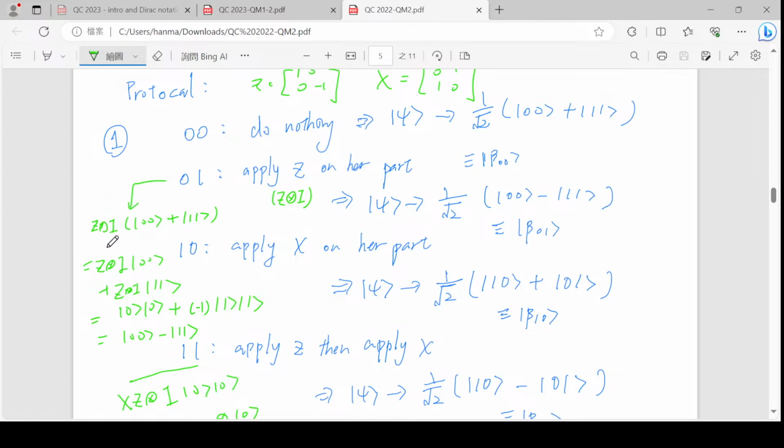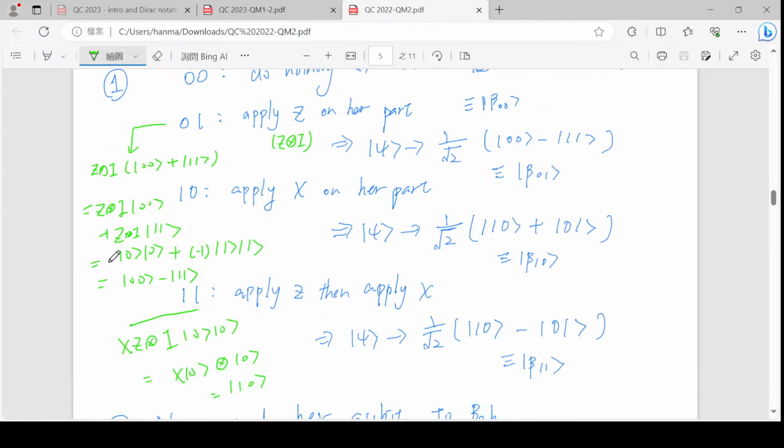Here we are omitting this 1 over square root 2 to make the calculation a little easier to write. So think about Z tensor identity applied on 00 plus 11. Remember everything is linear here, so you can multiply this out. It's Z tensor identity on 00 plus Z tensor identity on 11. You see that everything has a product structure here.